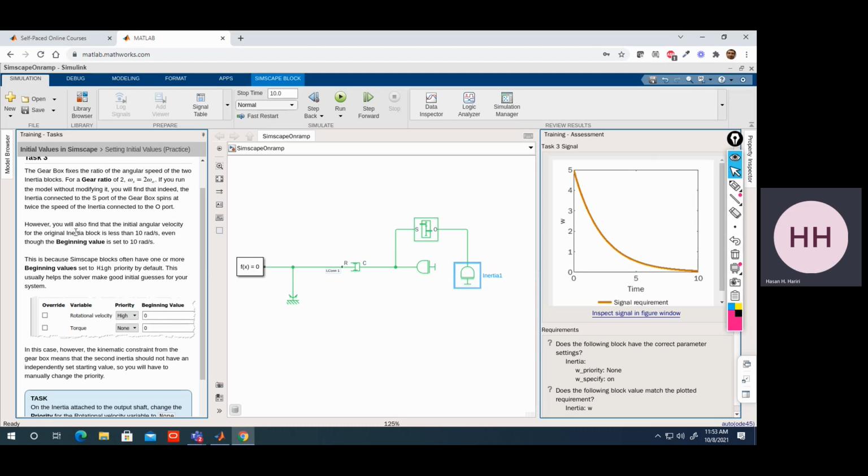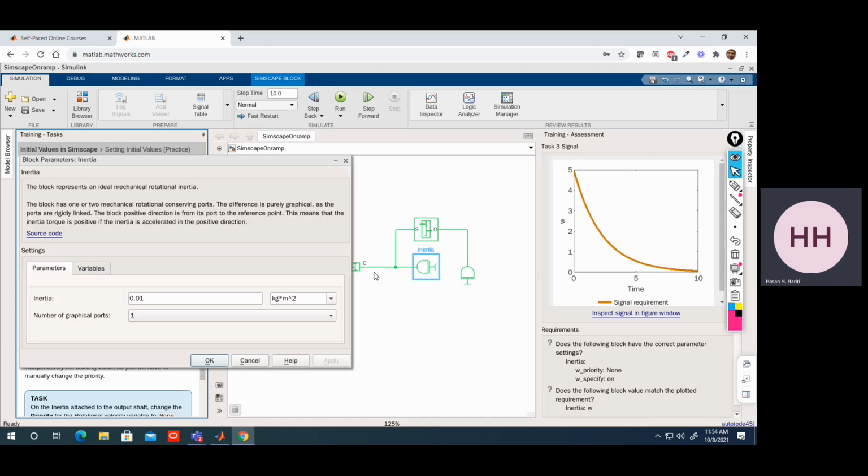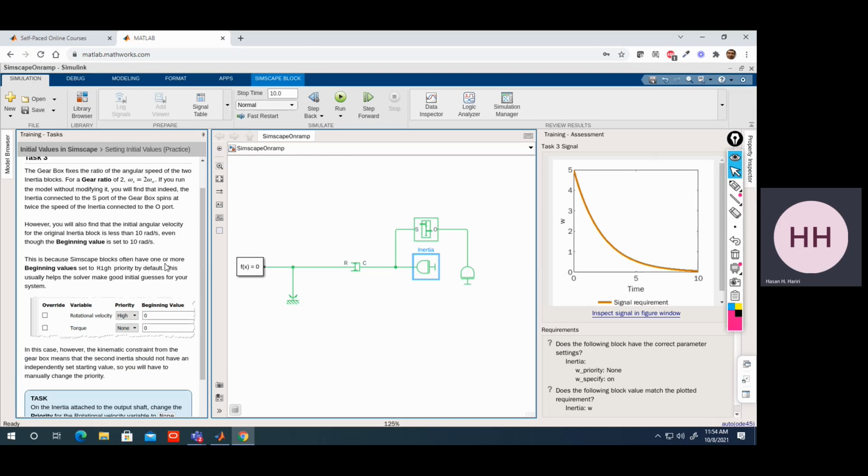So now, however, you will also find that the initial angular velocity for the original inertia block is less than 10 radian per second, even though the beginning value is set to 10 radian per second. See, the beginning value is set to 10, but if you run it, you will find it less than 10.